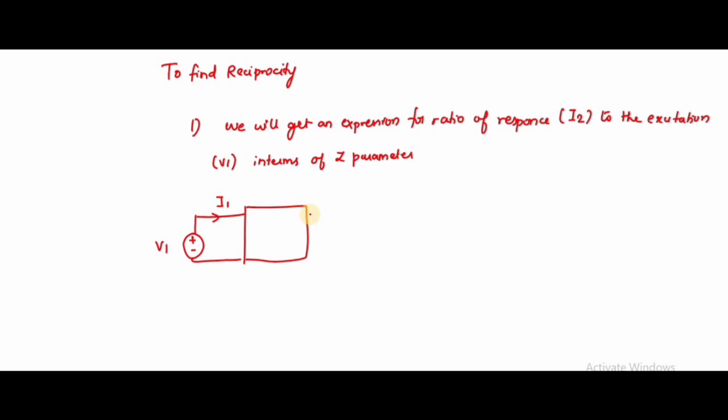Since I2 is in the opposite direction, I'm going to write it as minus I2. Since the output is short circuited, the V2 value is 0. So substitute in the above two equations.